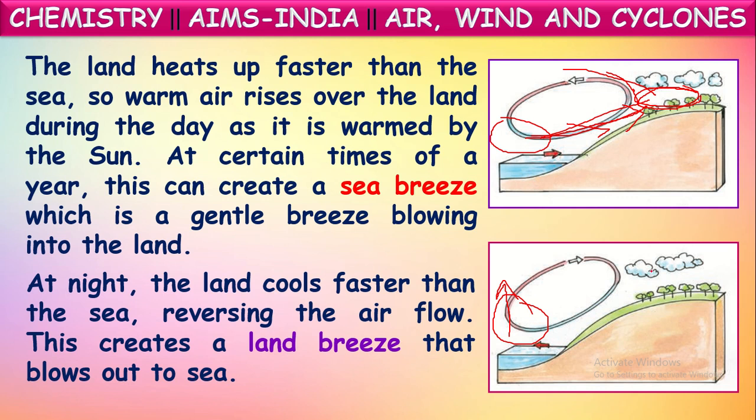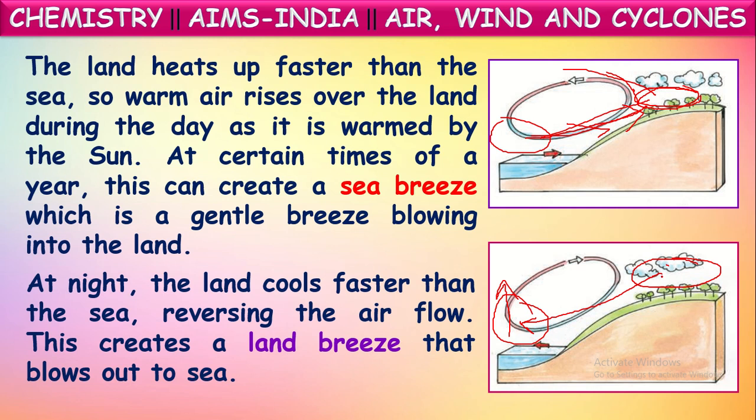Now, this land is cooled faster. The air on this land also will be cooler. Here, pressure will be greater when compared to this area. Then what happens? The cool air from the land rushes onto the water where low pressure is already created.